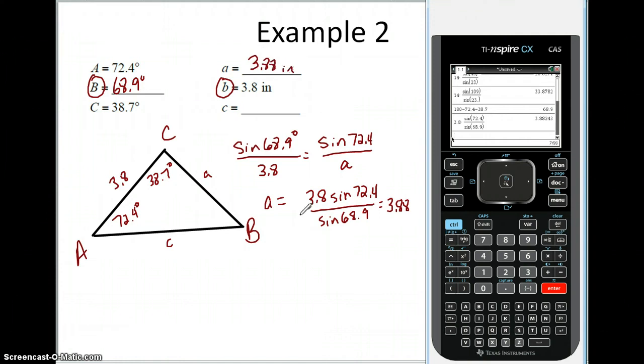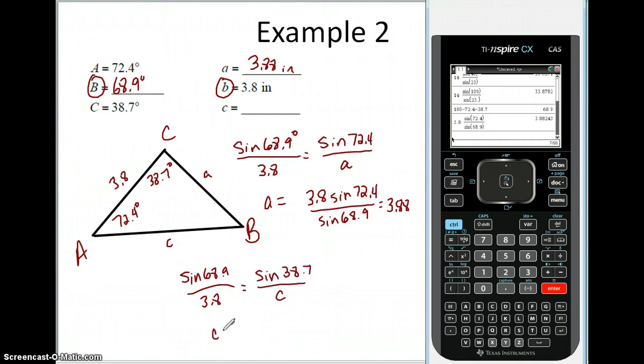And now we need C, so we're going to continue to use this one. So sine of 68.9 over 3.8 equals, this time we're using C, so sine of 38.7 over little c.